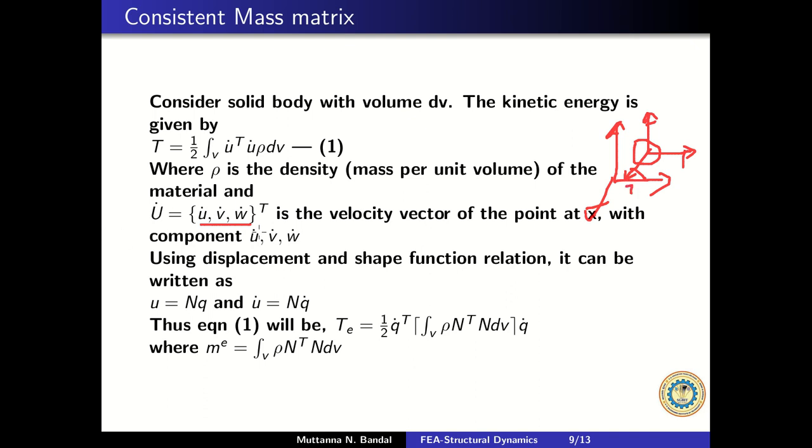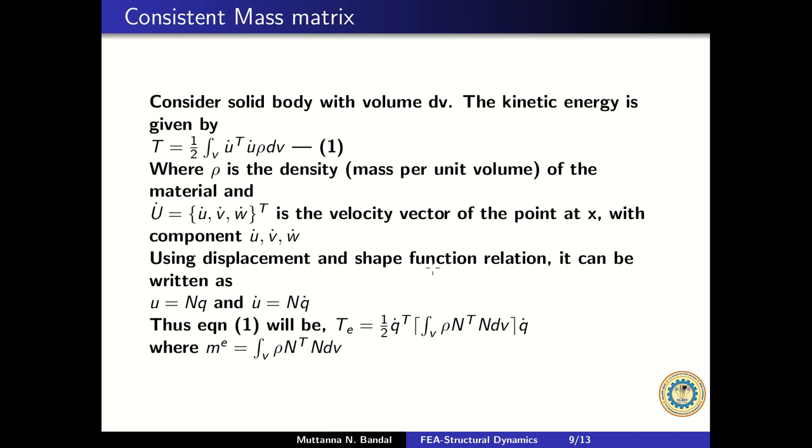So this is for a three-dimensional body with 3 degrees of freedom. Here u dot refers to the velocity vector of a point at x, with components u dot, v dot and w dot, which are nothing but the velocities in the x, y, z components.